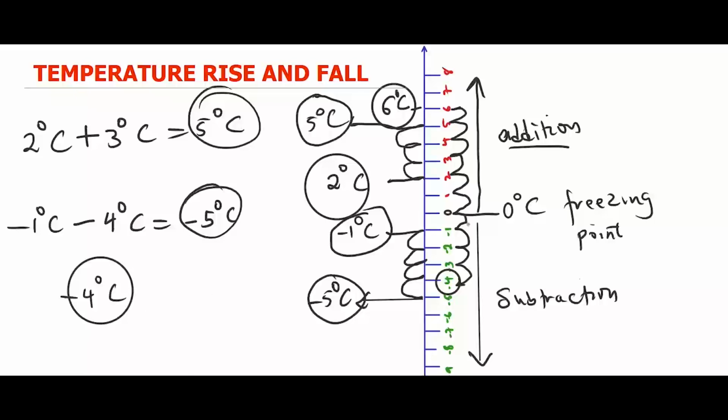So instead of counting all the way from 6 degrees Celsius down to -4 degrees Celsius, you can simply say that you are at 6 degrees Celsius, then it falls by 10 degrees. So you just subtract 10 degrees Celsius here, and this will give you -4 degrees Celsius.